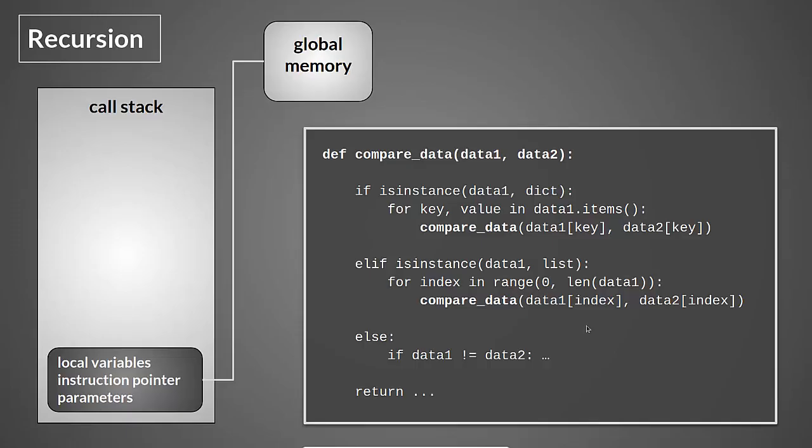All right, let's do a walkthrough of this code with my two networks as an example. So let's assume I've called compare data with network 1 and network 2. That means on the call stack, my parameters are network 1 and network 2. And so when we go through network 1, we see that, oh, it's actually a dictionary, and the dictionary is of subnets.